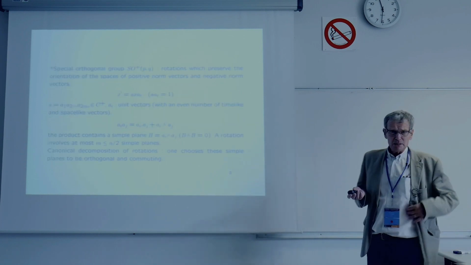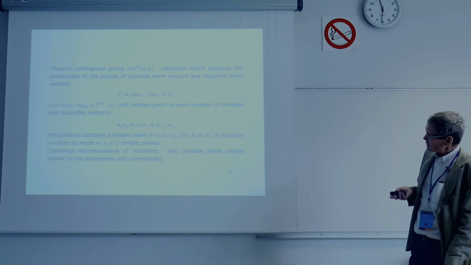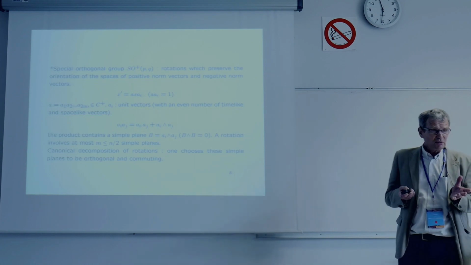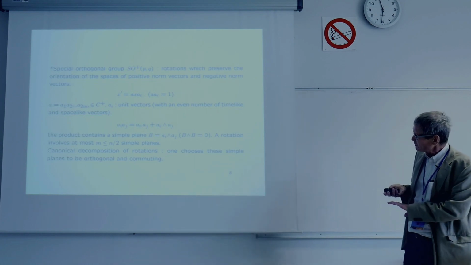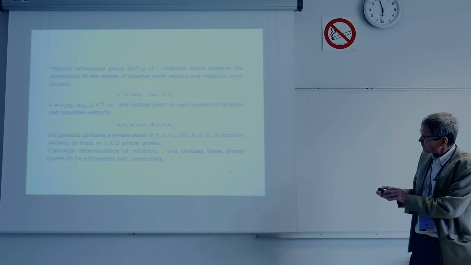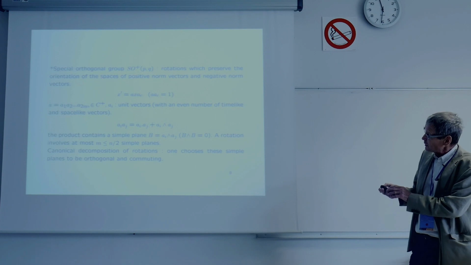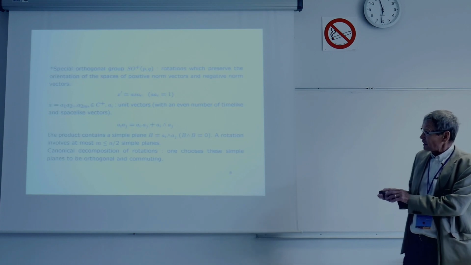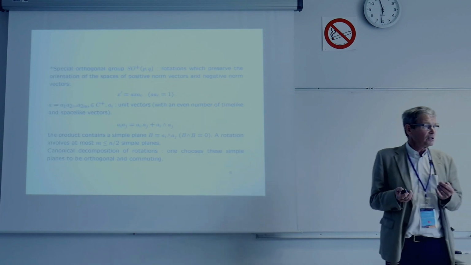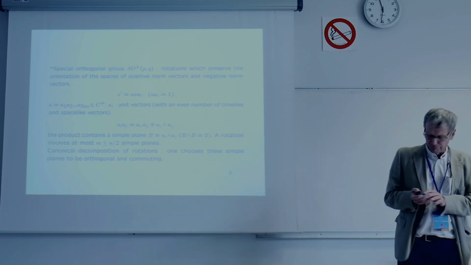We go on to the special orthogonal group, SO plus PQ, which are the rotations which preserve the orientation of the spaces of positive norm and of negative norm. And we get the simple formula for rotations in any dimension, which has the same simplicity as the quaternionic rotation formula in 3D.